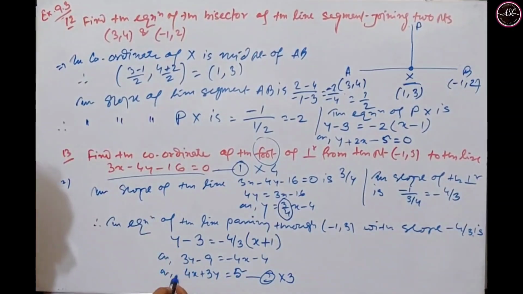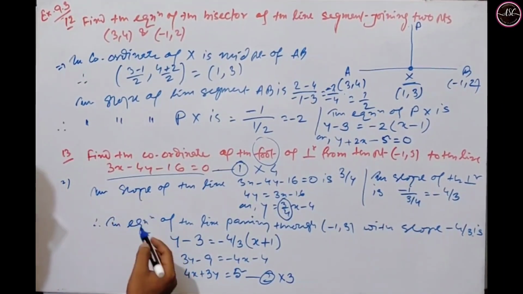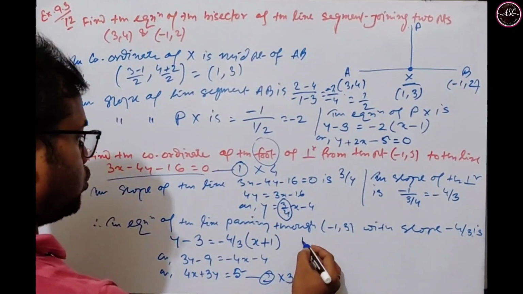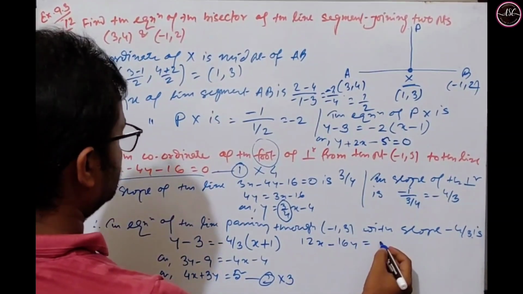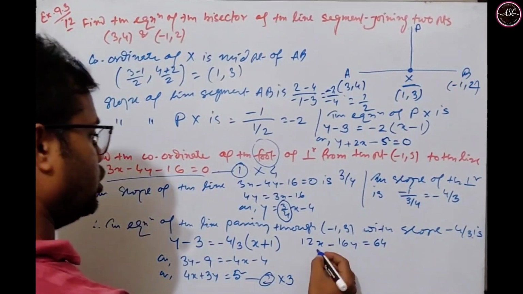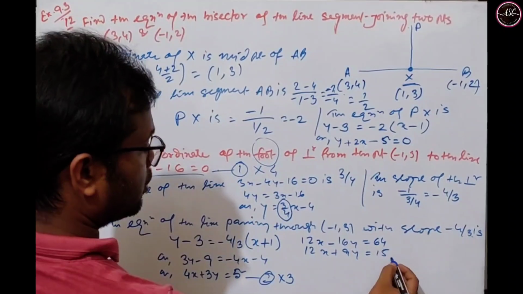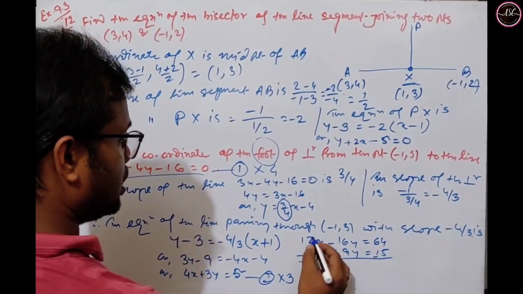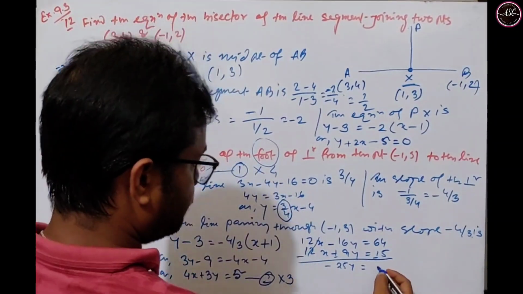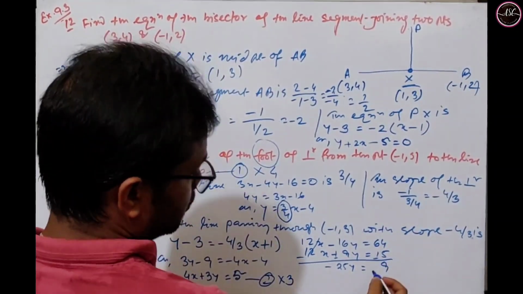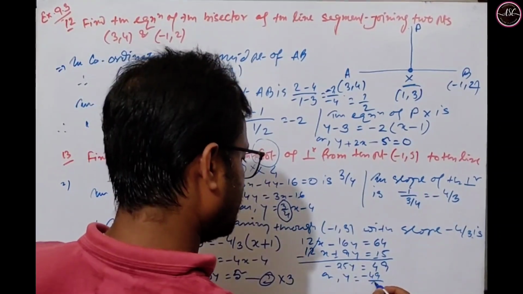So if we subtract that, it will be 12x minus 16y equal to 64, and 12x plus 9y equal to 15. So just subtract, and this will cancel out, and here will be 25y equal to minus 49, or y equal to minus 49 by 25.